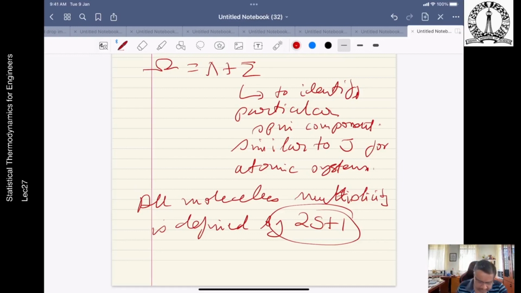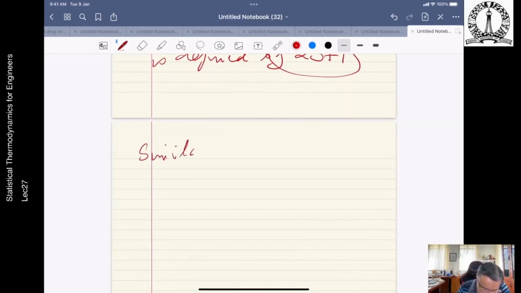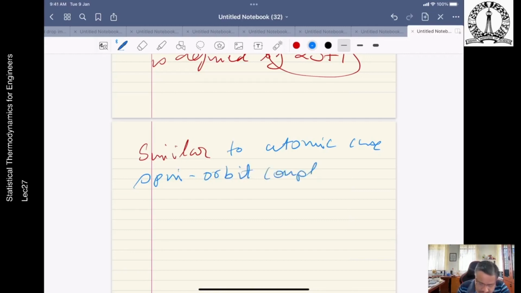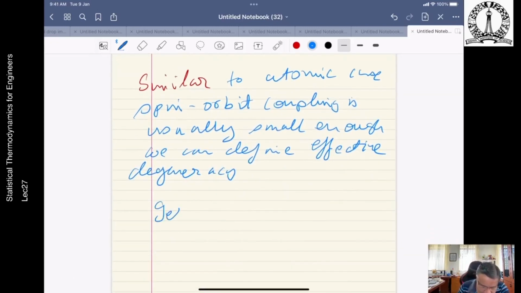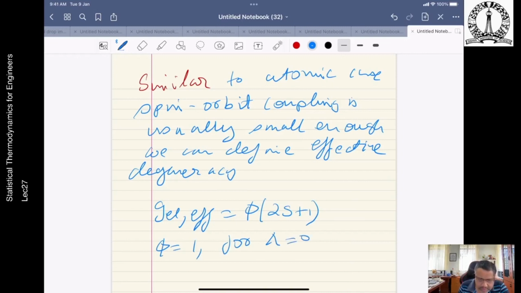Similar to the atomic case, where spin orbit coupling is usually small enough, we can define very similarly an effective degeneracy, which is given as g effective equals phi into 2S plus 1, where phi is equal to 1 for gamma equal to 0 and phi equal to 2 for gamma greater than 0.